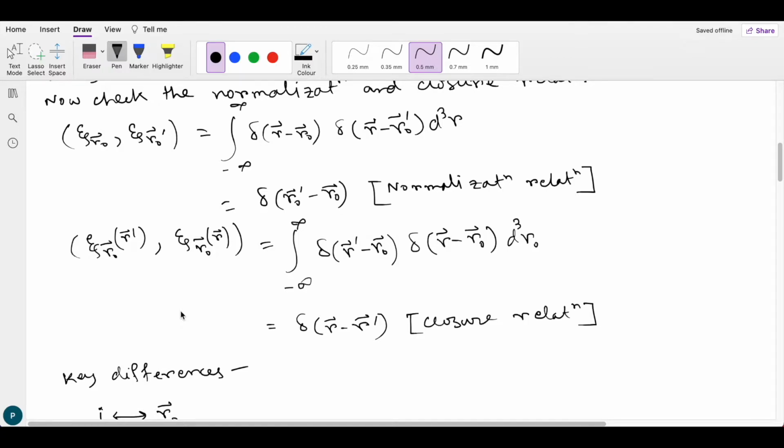That's the difference between discrete and continuous basis, and the closure relation is given by the scalar product of psi r naught of r prime with psi r naught of r, which is given by delta of r minus r prime, which is the same as the discrete case.